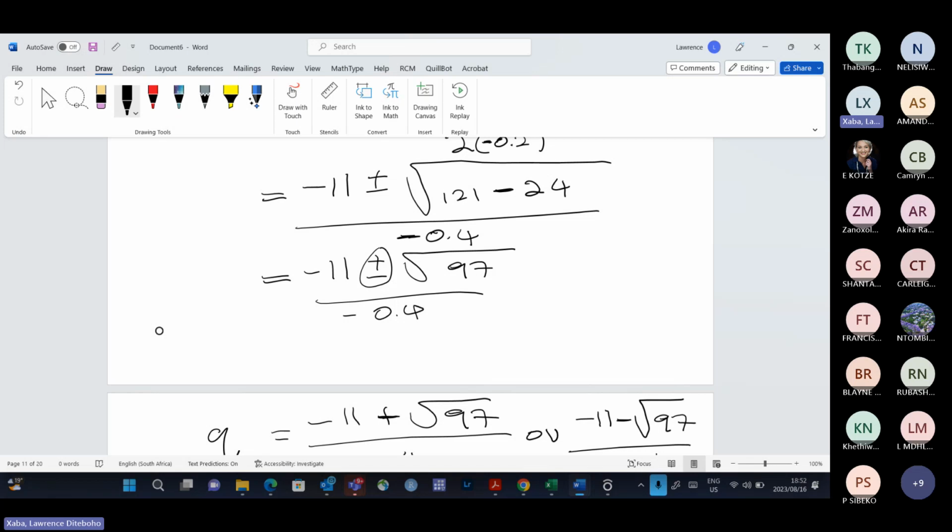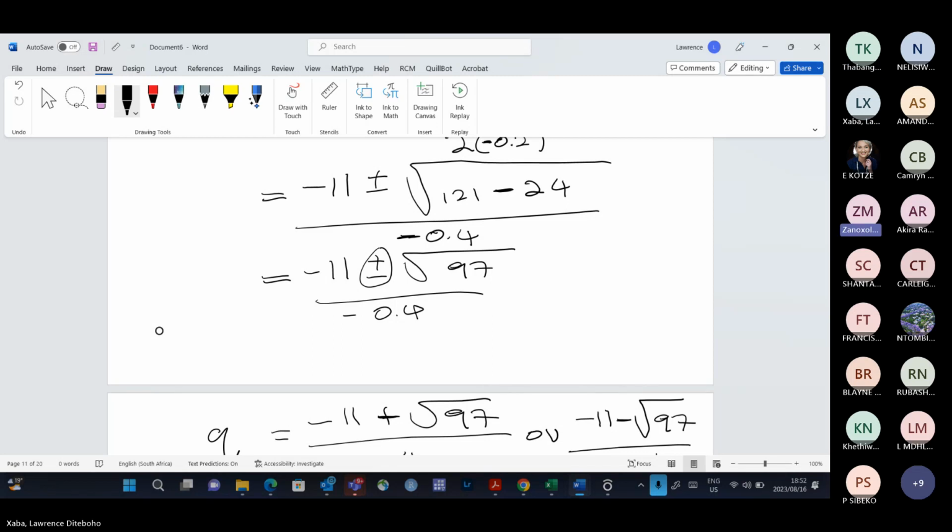Guys, we have two values. We have the value of 2.9 and we have the value of 52.1. If we substitute those two values into our total revenue, we're going to get the right values. Do you follow?